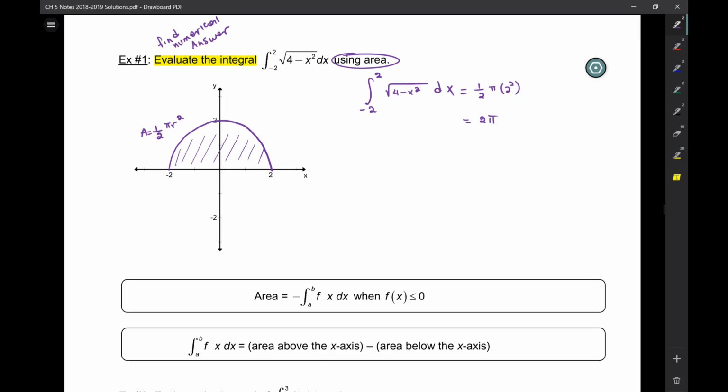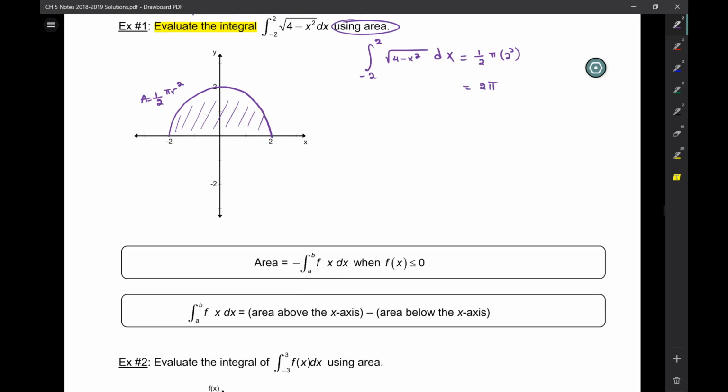I want you to use area formulas: half base times height, pi r squared, whatever else it could be. This reinforces the concept that this means area in the traditional sense that we know. So that's 2 pi.